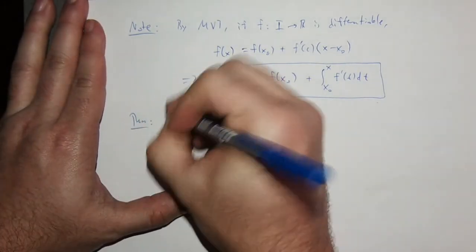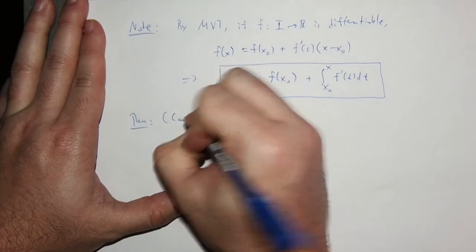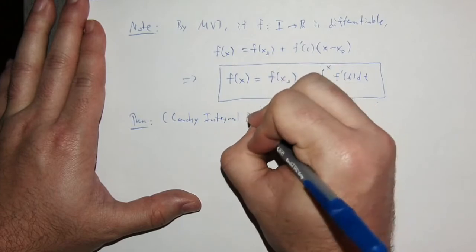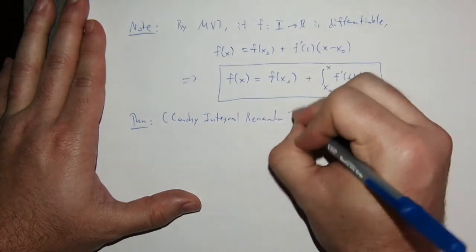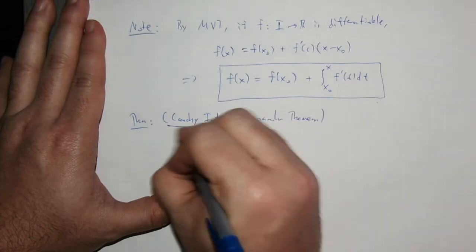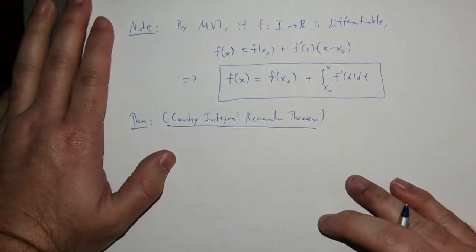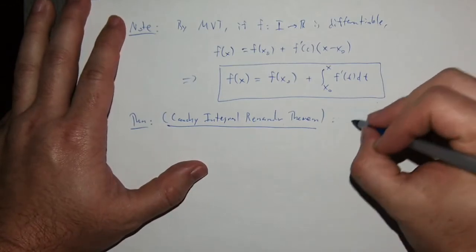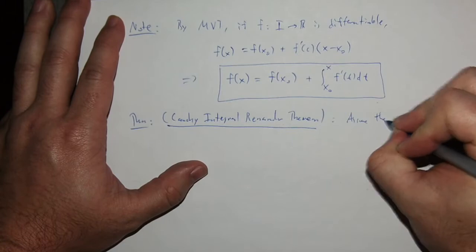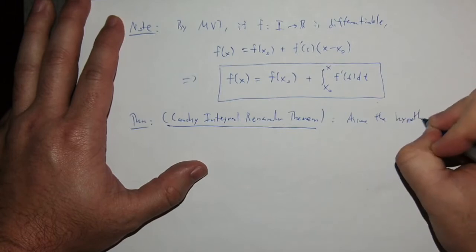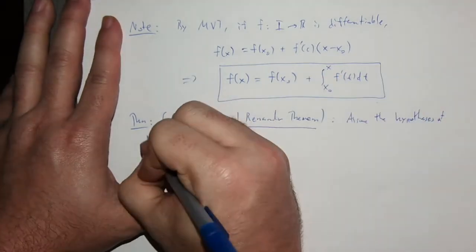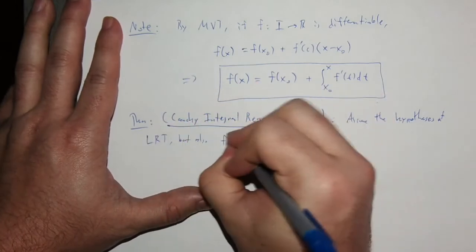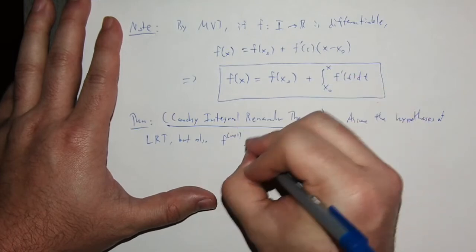So anyway, there's the theorem. It's the Cauchy integral remainder theorem. Okay. And so I have the same, so assume the hypotheses of the Lagrange remainder theorem, but also I want my n plus first derivative to be continuous.